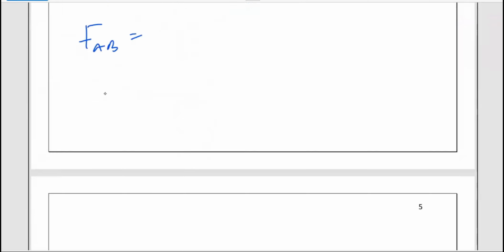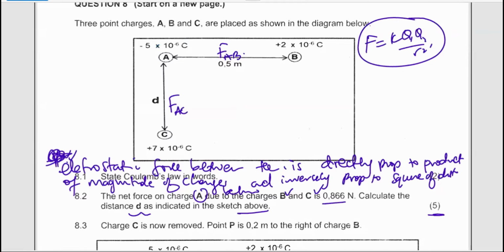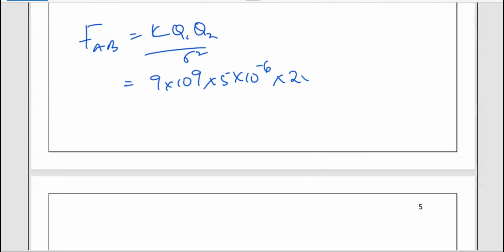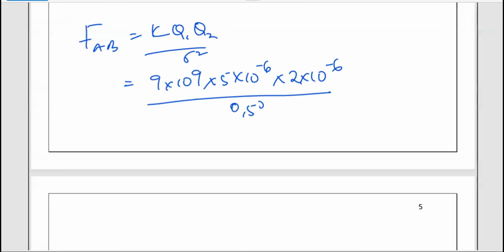FAB is k Q1 Q2 over r squared, so 9 times 10 to the 9, times Q1, which is A, 5 times 10 to the negative 6, times 2 times 10 to the negative 6, divided by the distance 0.5 squared. When I punch that into the calculator, what are we getting?